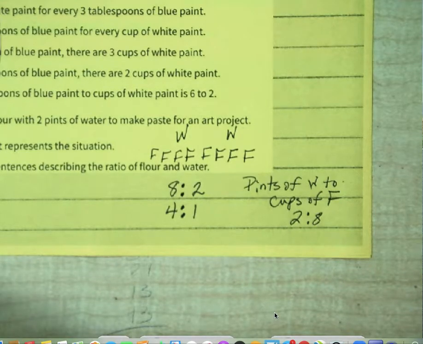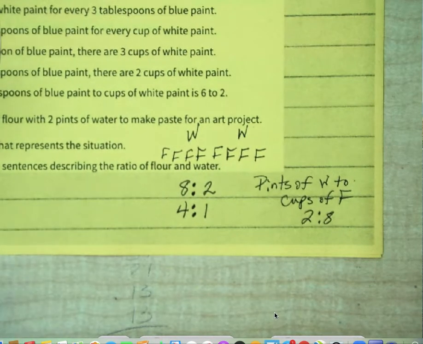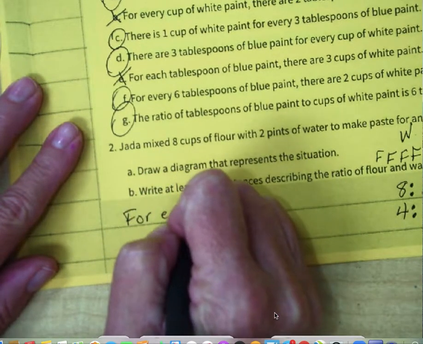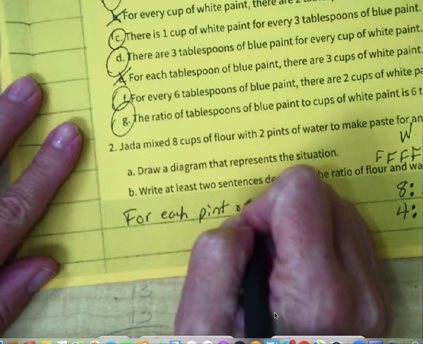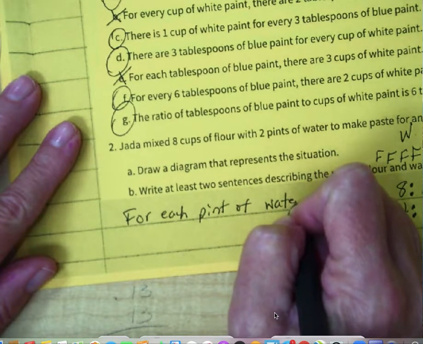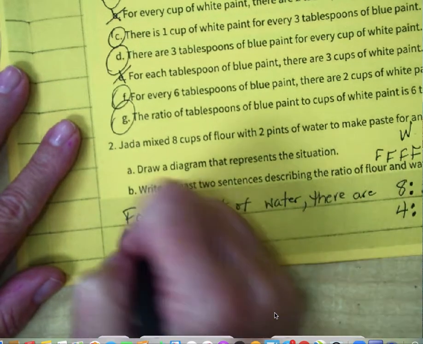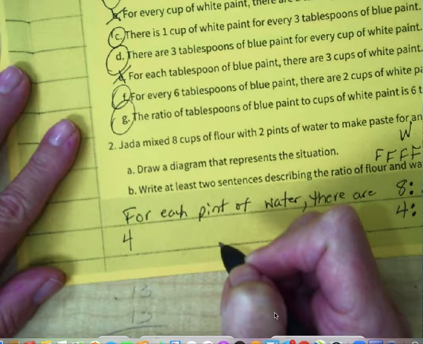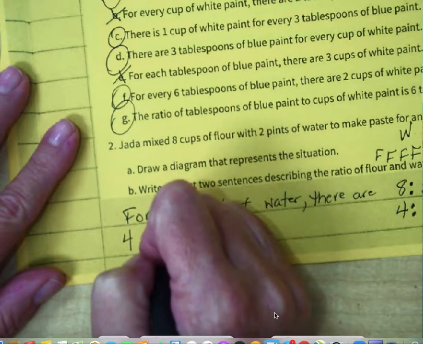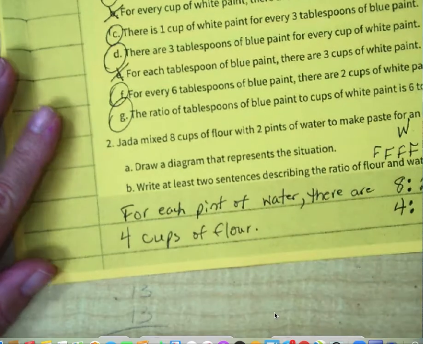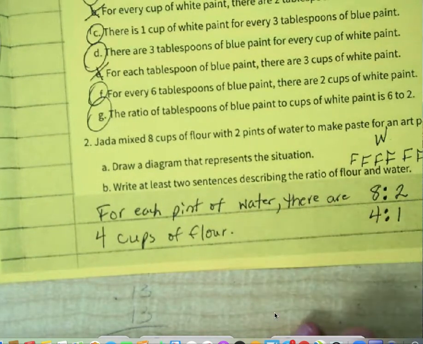I can think of 6 different ways right off the top of my head. Okay? For each pint of water, and write this down, for each pint of water, there are 4 cups of flour. Okay? So I'm going to give you a minute to finish writing that down.